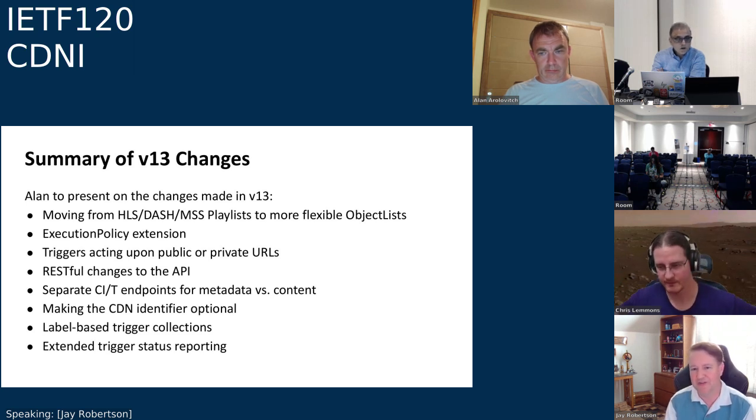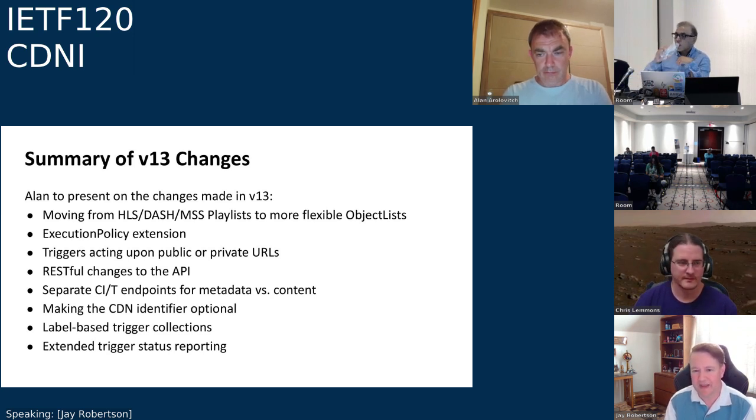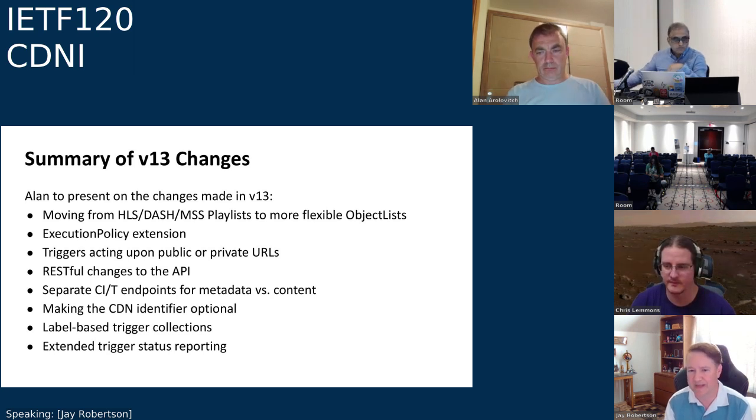We've made changes to the RESTful interface. So this represents the first API changes that we have made in this whole overall effort here. We have separate CIT endpoints for metadata versus content. So this gives us the ability to use this in the future for being able to pre-position and purge metadata configuration, giving us a little bit more flexibility by having separate endpoints for that.